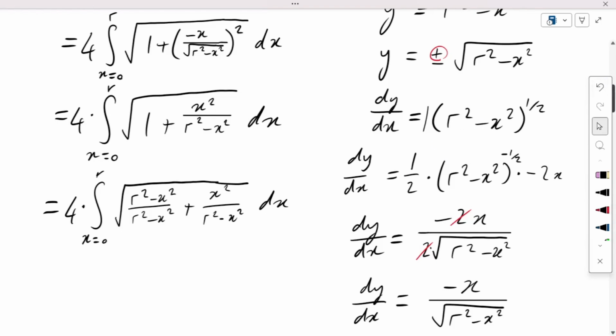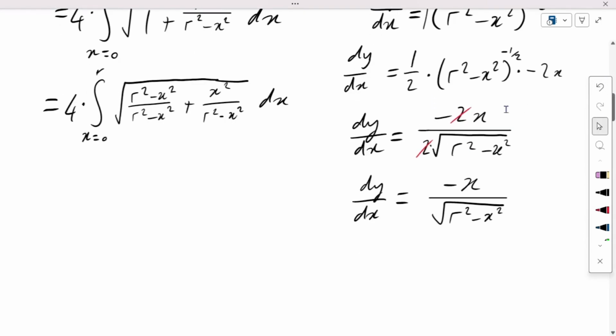And since we've done this, the denominators are exactly the same.